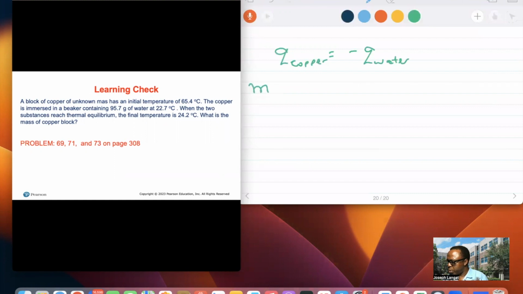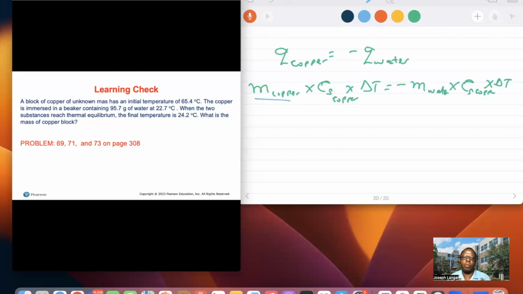Mass of copper times specific heat, or maybe I should use Cs for specific heat of copper, times change in temperature equals negative mass of water times Cs for water times change in temperature. So what we are looking for is the mass of copper.